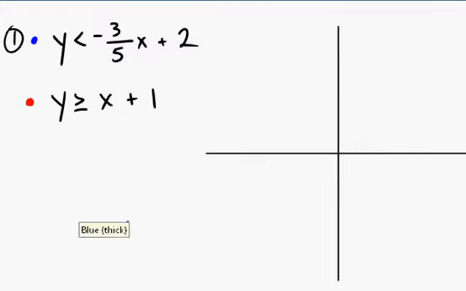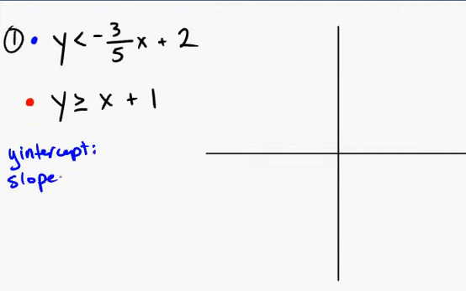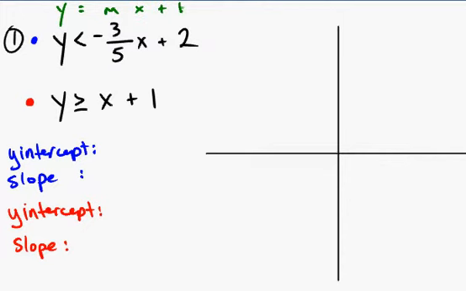Okay, so these are already both in slope-intercept form.